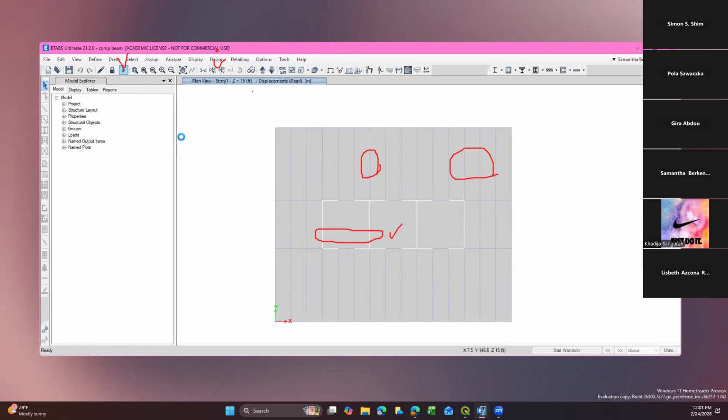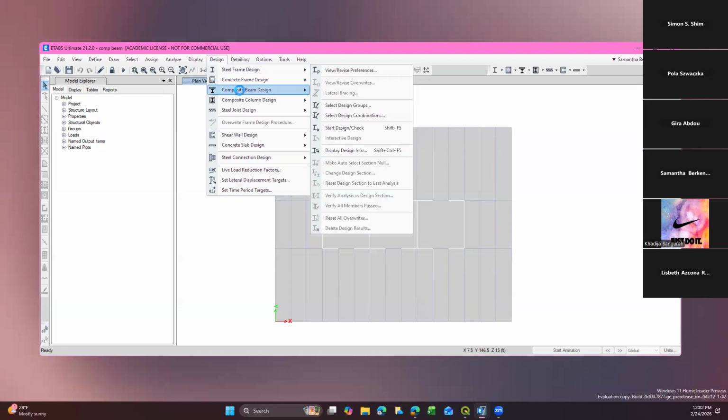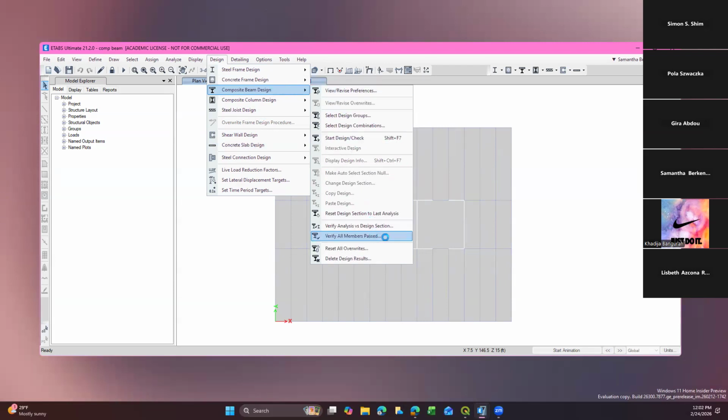Once you run it, go again and click the design. Beam design. Start design check.